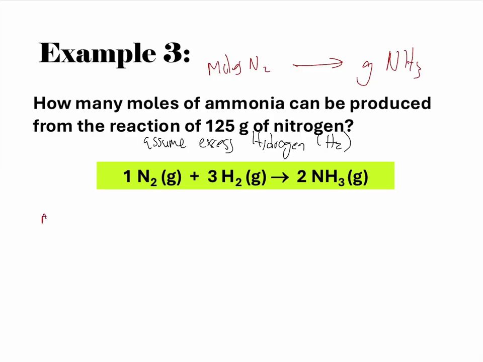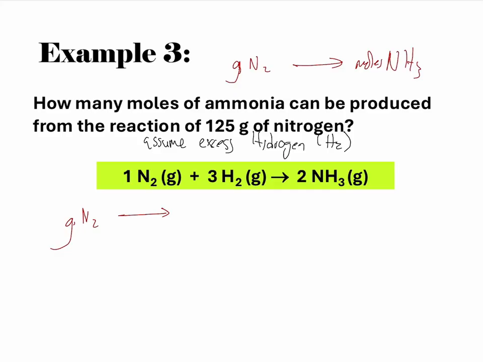Starting from 125 grams of nitrogen. Oh yeah, sorry, we're starting from grams of N2. So we're starting from grams, and we go to moles of ammonia.